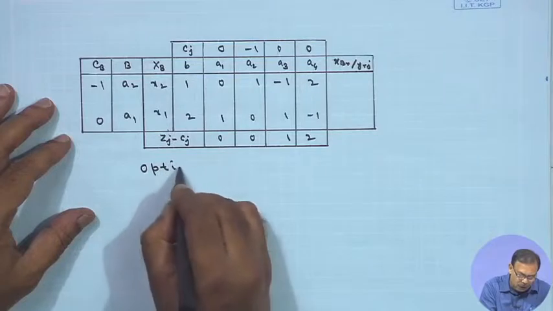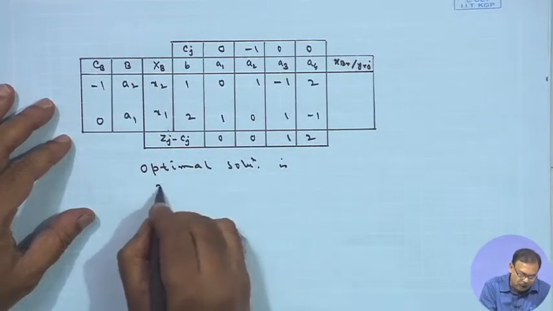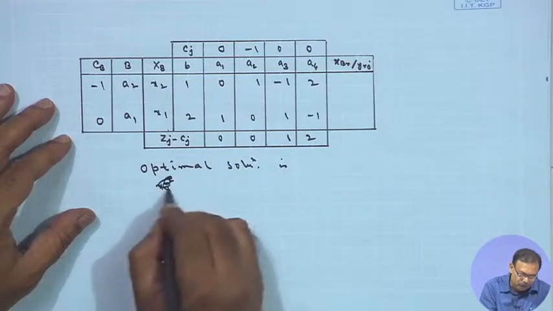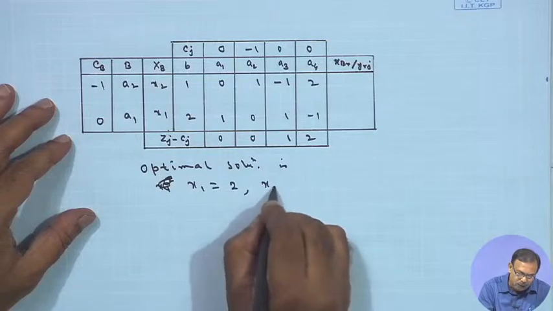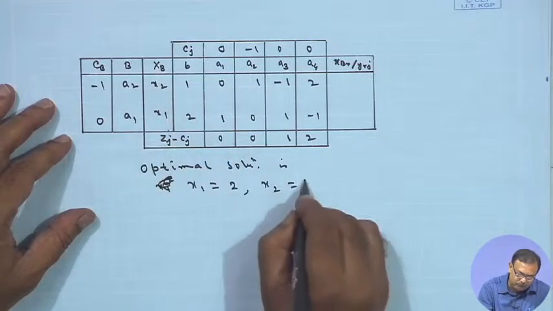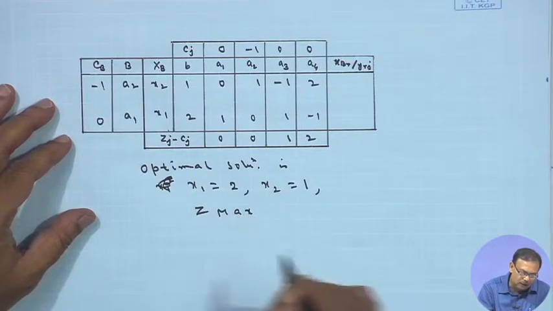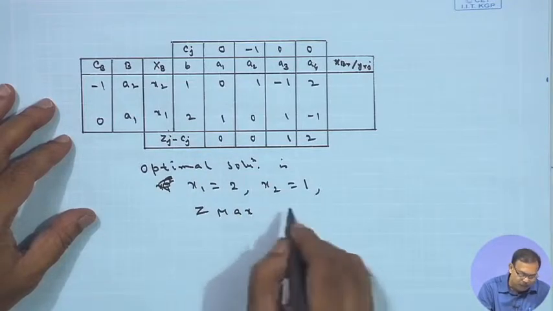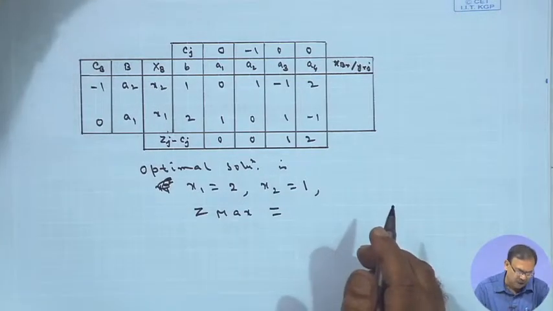Therefore, your optimal solution is x1 equals 2, x2 equals 1, and the z max value will be equal to, what was the original problem?